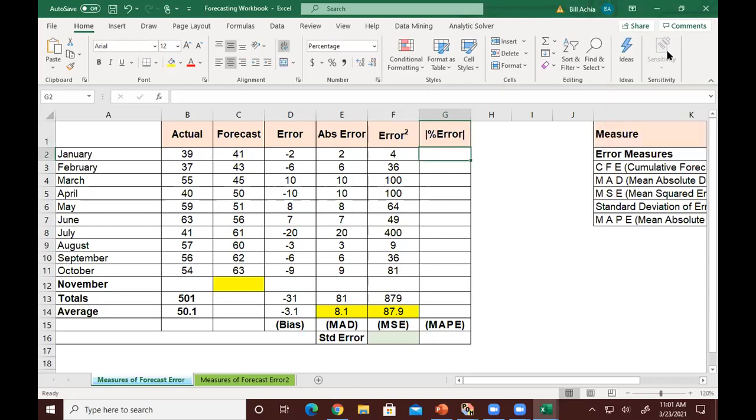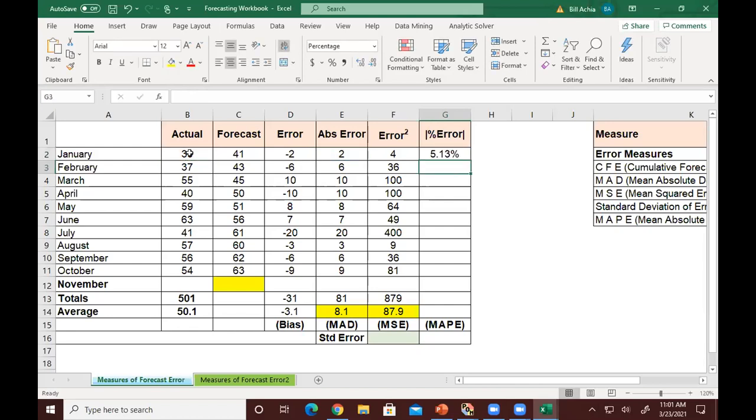I'm basically referencing the absolute errors column here, and dividing that by the actual demand information. So here we have an error of 2 divided by actual realized demand of 39, so we had an error of 5%.